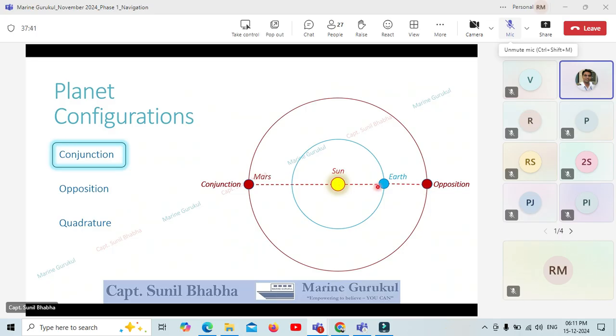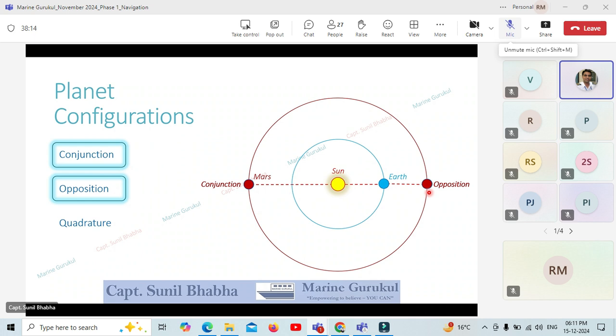The sun is in one particular direction and the planet Mars is exactly in the opposite direction. Now this particular orientation is called opposition. We say the planet Mars is in opposition to the sun. So opposition basically means that that particular planet and the sun are in totally opposite directions.